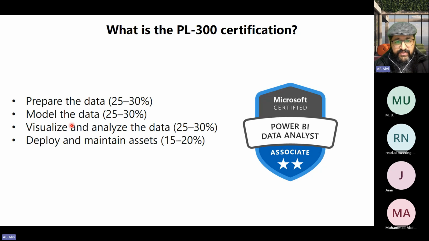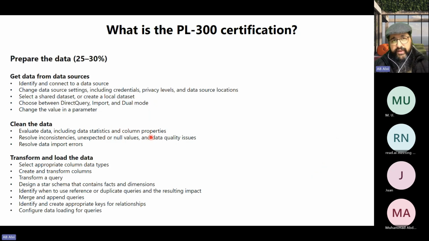And within this exam, these are the weightages for each of the sections. It is a multiple choice exam that you have to do in approximately 2 hours. You have to solve around 45 to 50 questions within that time. Once you start preparing for the exam, these are the topics on the Microsoft official website for PL 300.